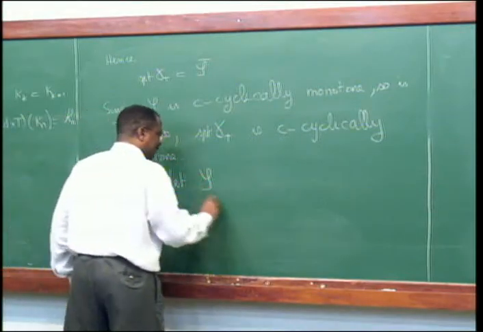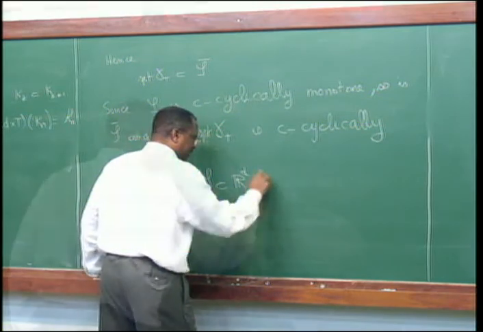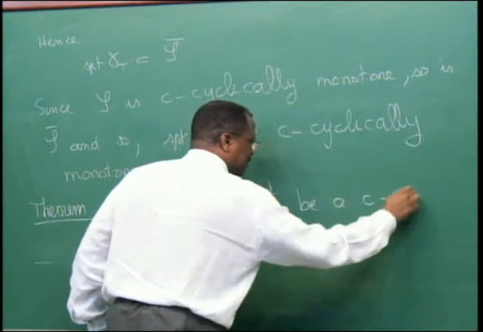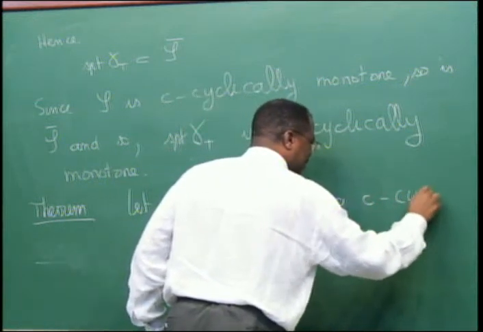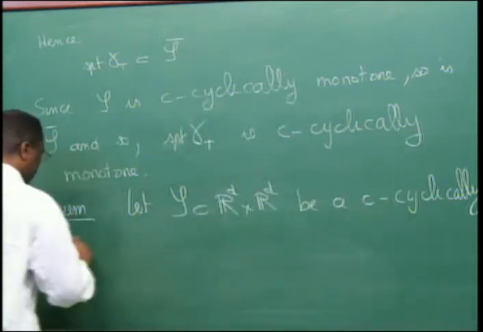Let S, a subset of R^d cross R^d, be a C cyclically monotone set.